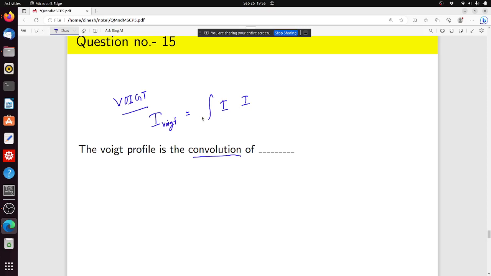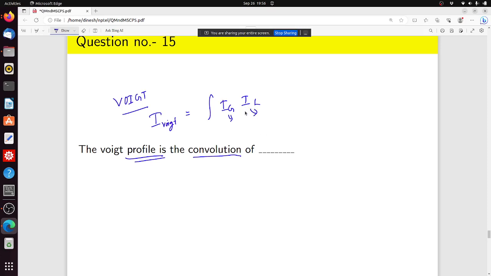Or you can say this Voigt shape is a convolution of two different kinds of shape. What other shapes do you know? Gaussian, Lorentzian. Yes, right. So this Voigt profile is a convolution of the Gaussian and Lorentzian shape, or you can say a homogeneous and inhomogeneous shape.